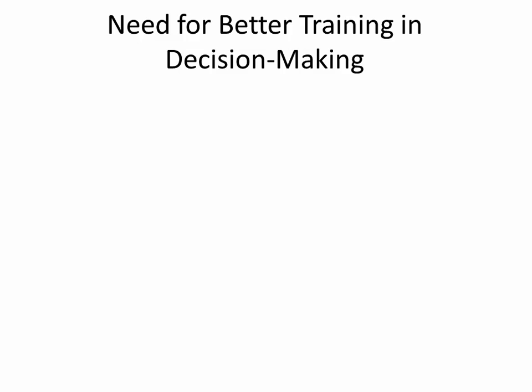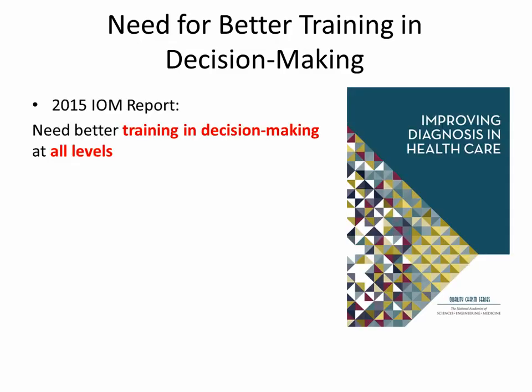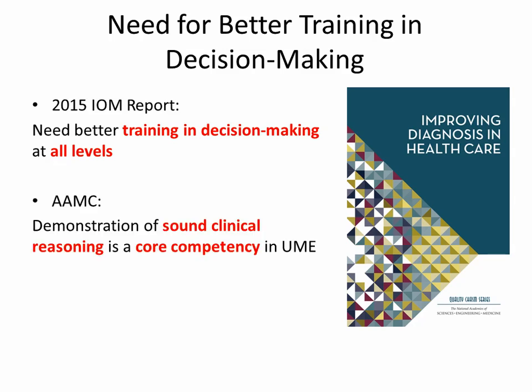So let's get started. Just a little bit of brief background for why this matters and why we as educators should care about this. A number of different institutions have called for and highlighted the need for better training in decision making. So in 2015, a lot of you may be familiar with the fact that the IOM released a report entitled Improving Diagnosis in Healthcare. In this report, they really called out the importance of diagnostic error as a problem related to patient safety, but also highlighted the urgent need for better training in medical decision making across all disciplines and at all levels of training.